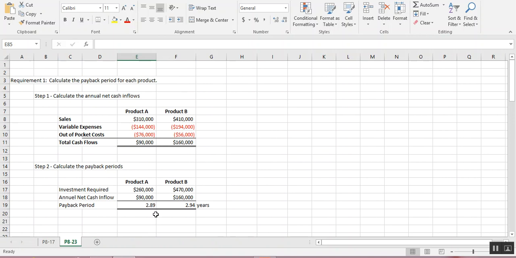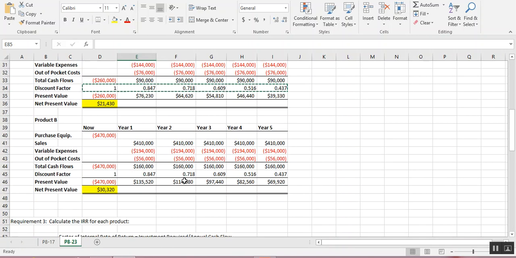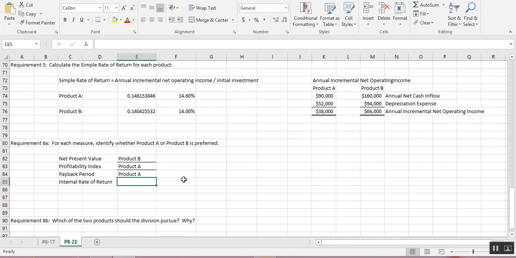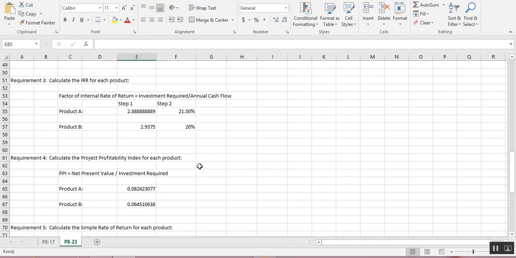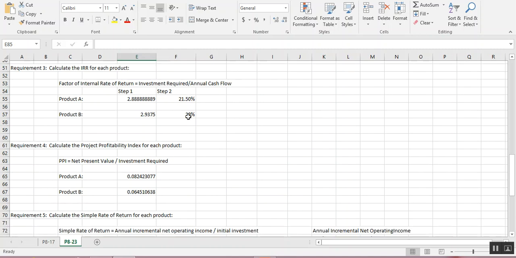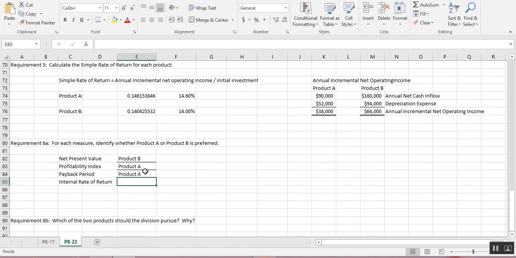Payback period A is shorter than B, so that is better. And what else is it asking us? Oh, internal rate of return. So our internal rate of return is 21.5% or 20%. So we're looking for something with a higher rate of return. So we, again, are at product A for this indicator.